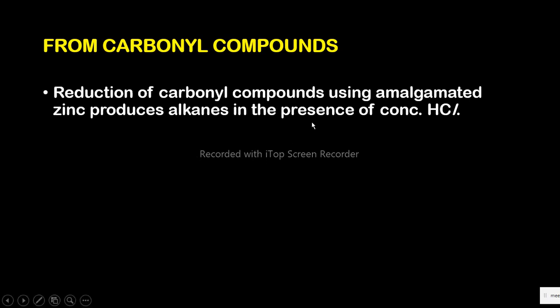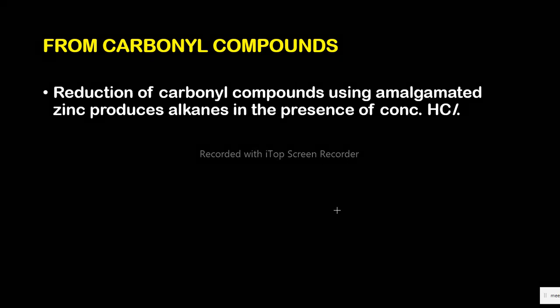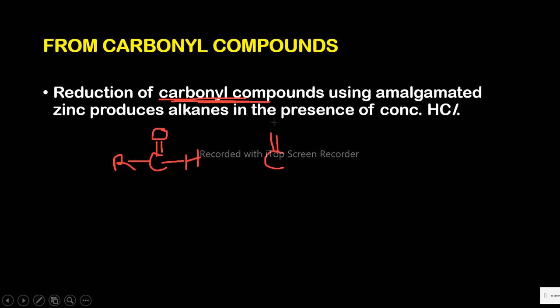So I was saying that we can prepare alkanes from carbonyl compounds. Carbonyl compounds are compounds that have a carbonyl carbon with oxygen there. The carbon is either bonded to hydrogen this side and an alkyl group that side, or it is bonded to an alkyl group this side and another alkyl group.